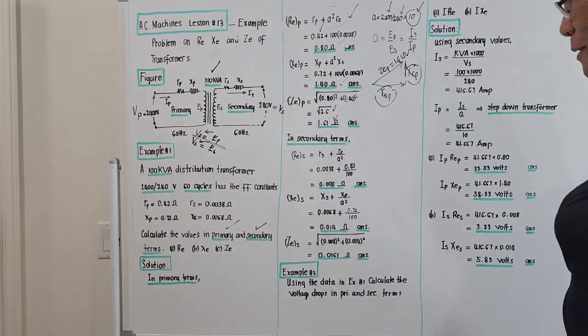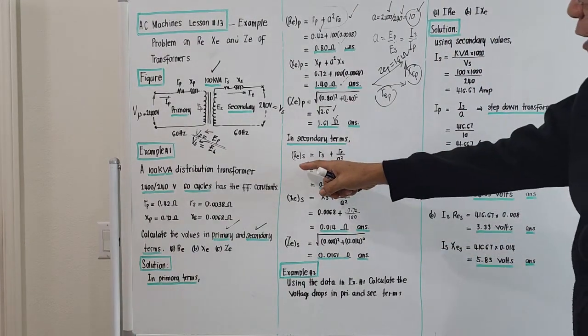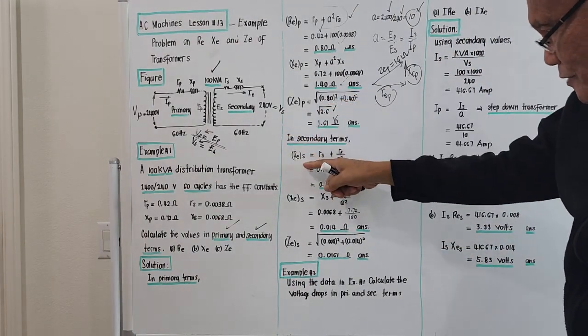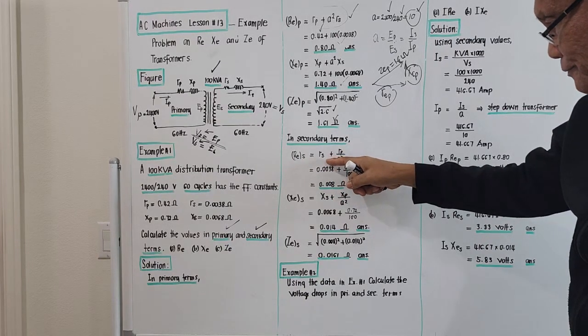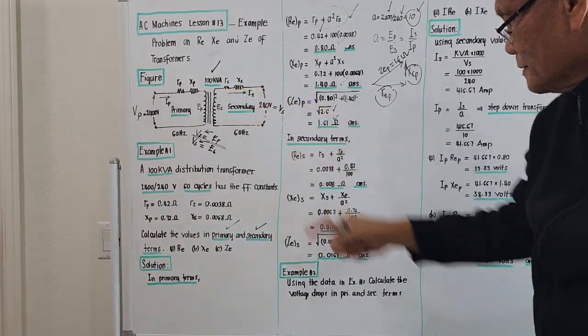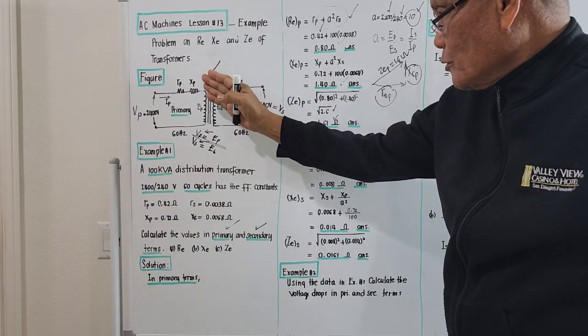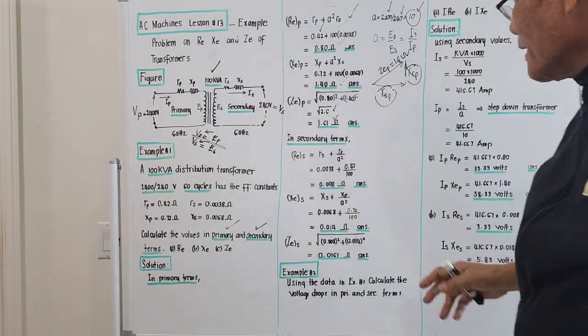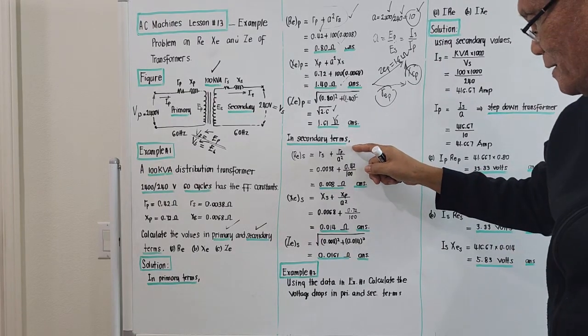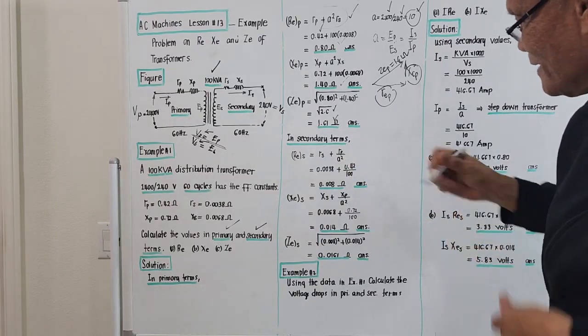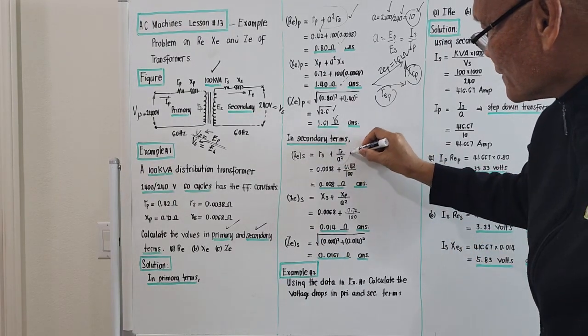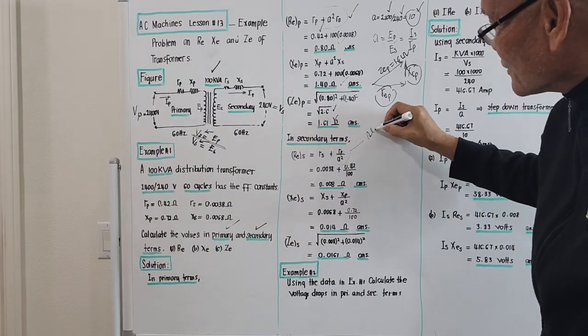So I will read it. The equivalent resistance referred to the secondary will be R sub S, and the equivalent of R sub P, if we refer it to the secondary side, will be R sub P over a squared. This is now referred to the secondary side.